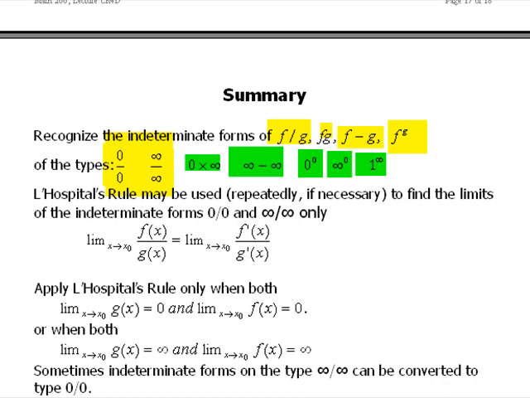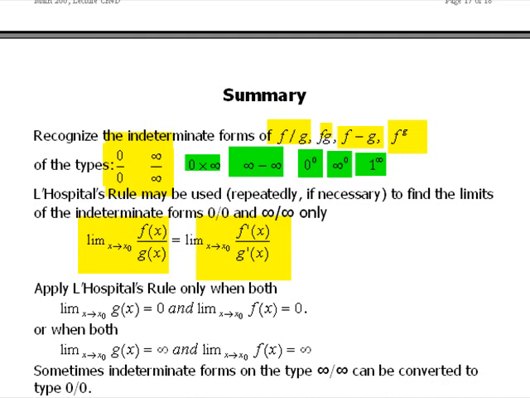I want you to take away the idea that you have this form 0 over 0, infinity over infinity. Know that L'Hopital's rule applies in these cases. And what L'Hopital's rule says is if you are taking the limit of f over g and you end up with 0 over 0 or infinity over infinity, you can evaluate that limit by taking the limit of the derivatives.